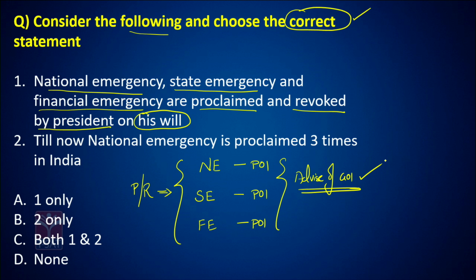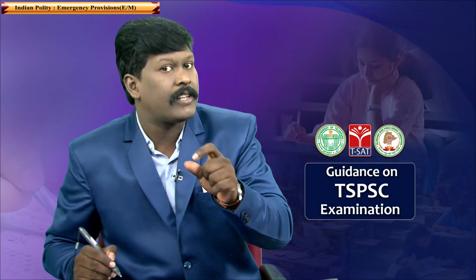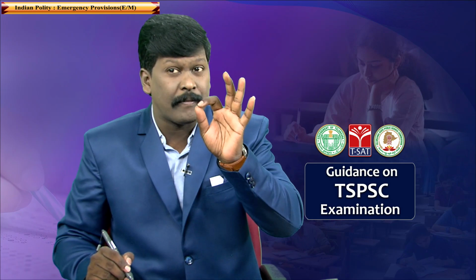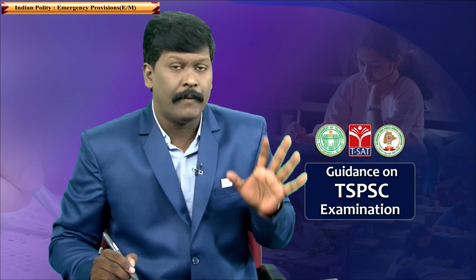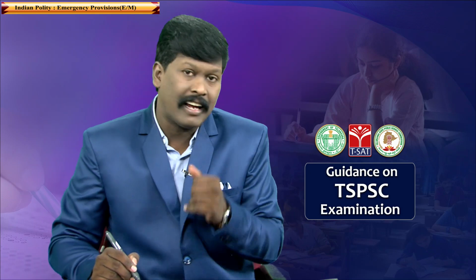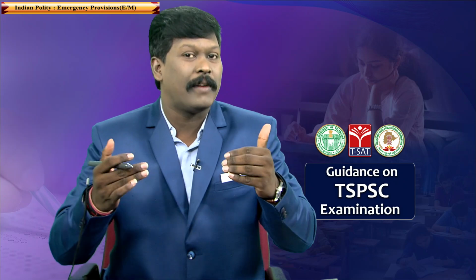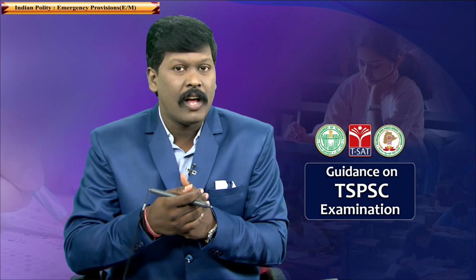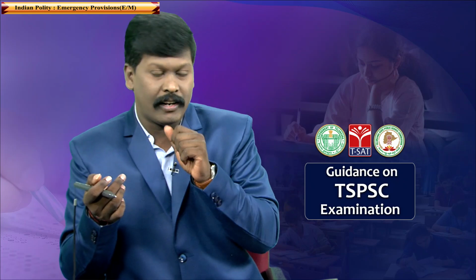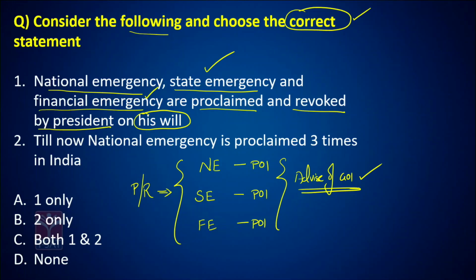And even to revoke the emergencies, the national emergency can be revoked when a resolution is passed in Lok Sabha. Secondly, the state and the financial emergency can be revoked by the President on the advice of the government.